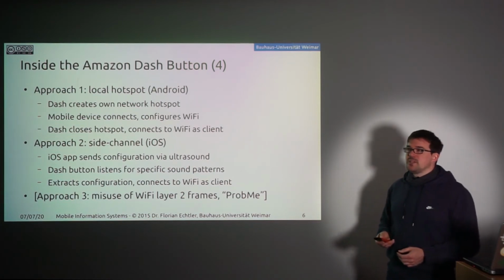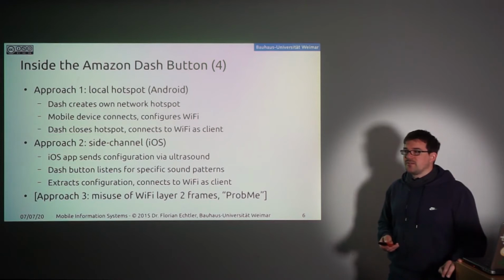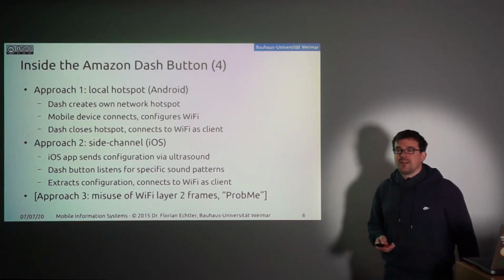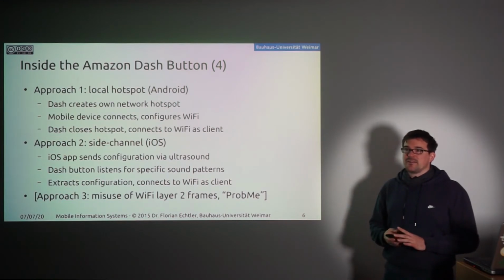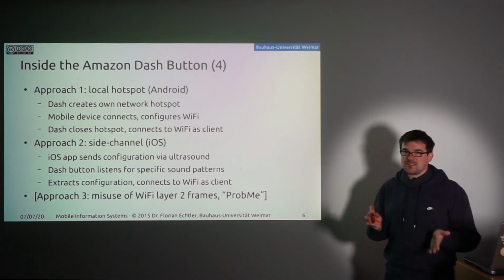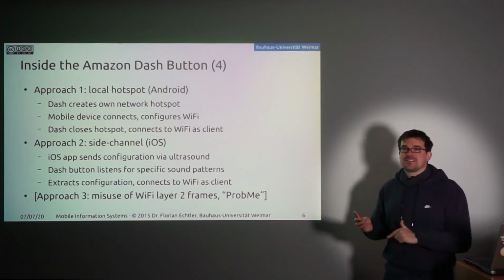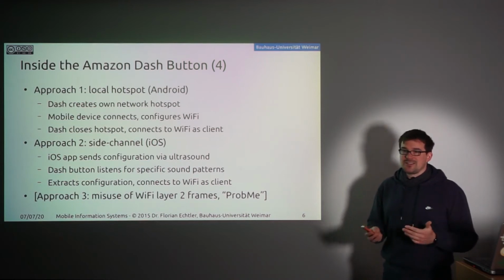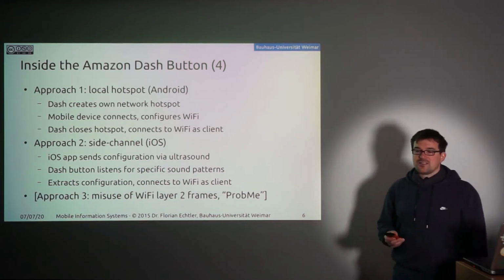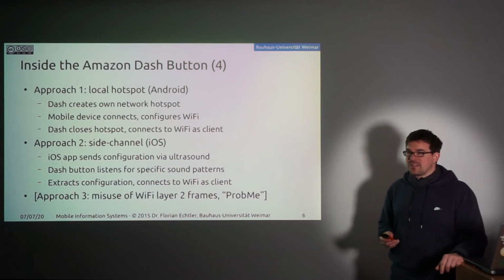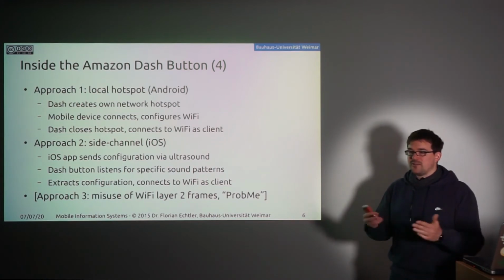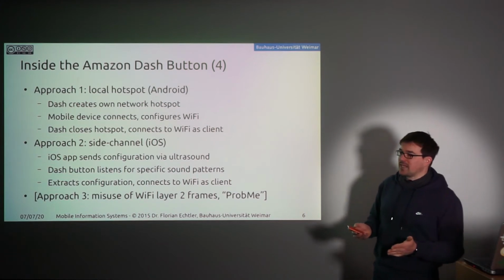There's a really weird approach I came across a few weeks ago, which also only uses Wi-Fi, basically, but uses your mobile phone to send out extra discovery frames for other Wi-Fi access points. This is something that is part of the Wi-Fi standard. However, these discovery frames are intentionally abused to carry the Wi-Fi credentials for the regular network that you want the device to connect to.